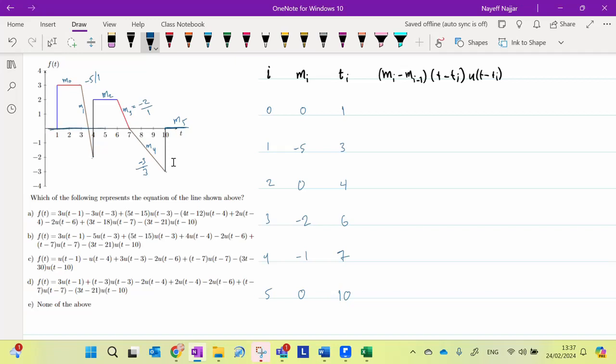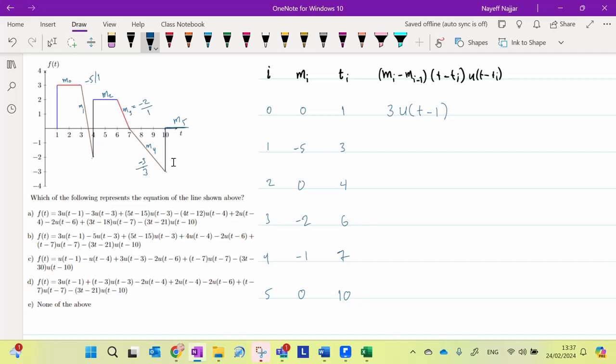So I have to write here, this is a step function basically. So it's good that we came across this example so that we know what we are doing. So we are going to start at 3 u(t -1), like that. It has to be like that, because if I wrote the slope is equal to 0, then this is a line at 0 like this. But I don't have this case. I have 3 u(t -1).